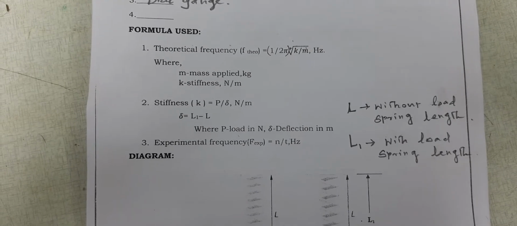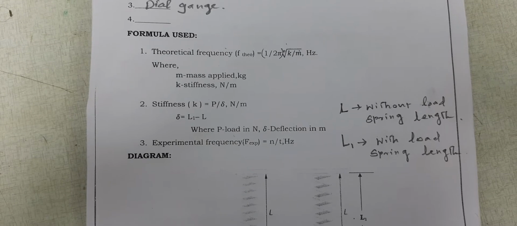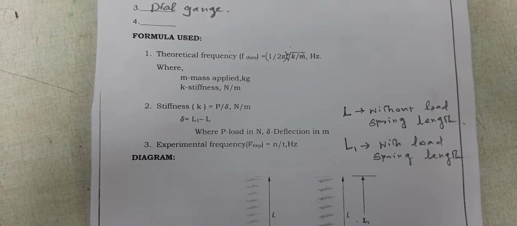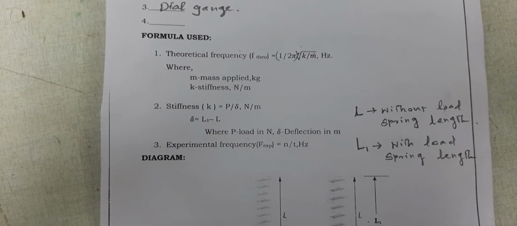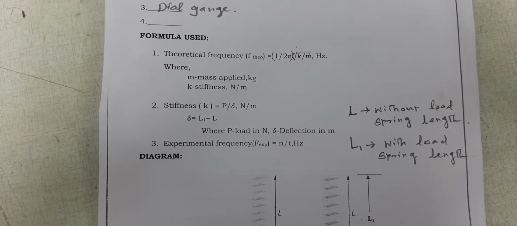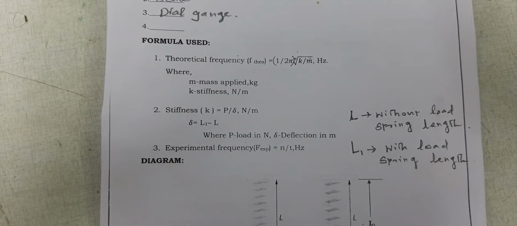Second one is stiffness. The stiffness notation is K. K is equal to P by delta. The unit for stiffness is Newton per meter. Deflection is delta, load is P.